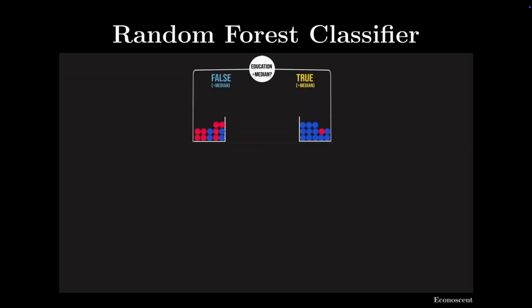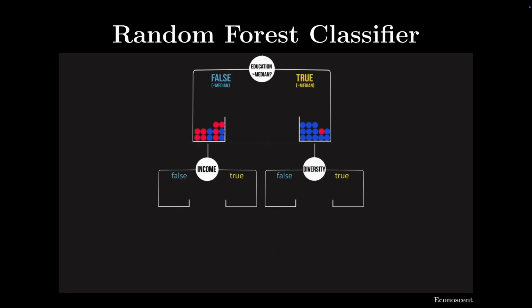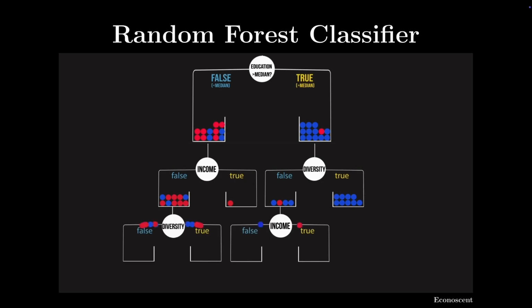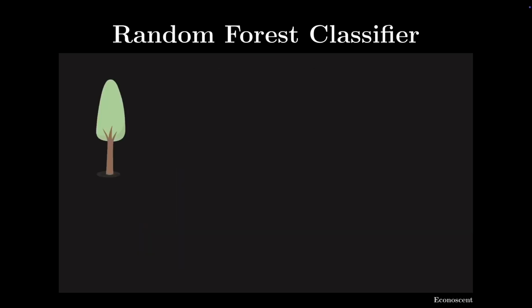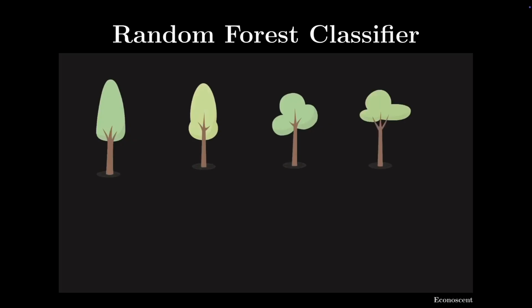Let's start with the idea of a decision tree. A decision tree works by asking a series of true or false questions about the input data. These questions help split the data into smaller and smaller groups until each group contains mostly samples from a single class. In other words, it tries to sort the data into pure subgroups. A random forest is simply a collection of many decision trees, hence the name forest.